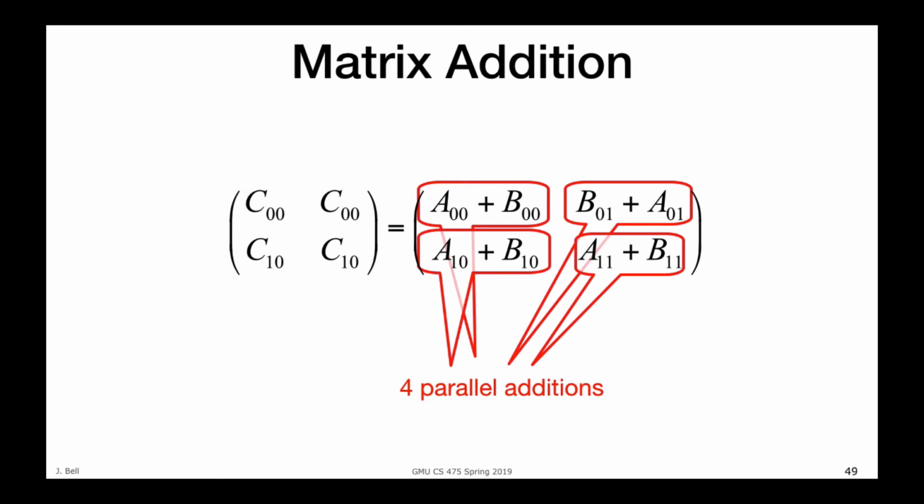We can decompose this matrix addition to get all four values in C as four parallel additions, right? Each element C00 is composed of A00 plus B00. C10 is composed down here, and so on and so forth.